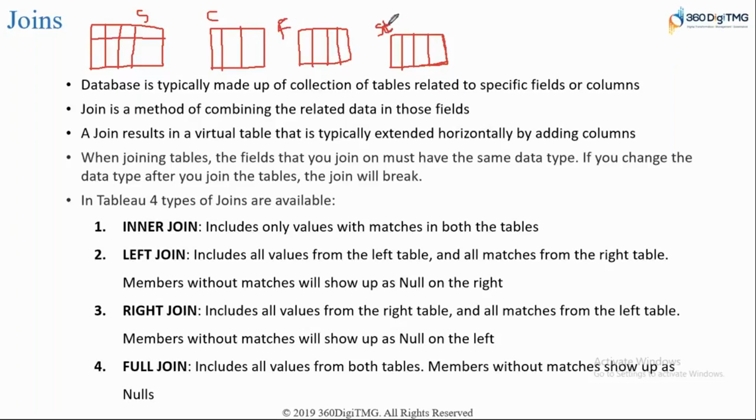Now let us say I have to create a report showing the names of the students, the course that they are enrolled for, and the course details. Course details are in this table. Then obviously I have to combine these two together, and then access the data from this entire thing and create my report.